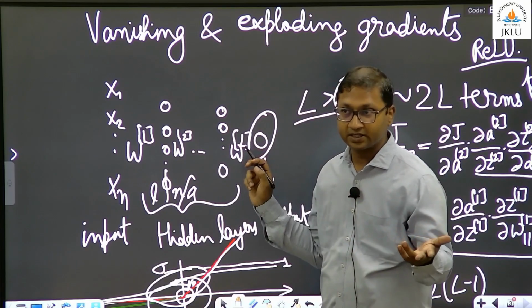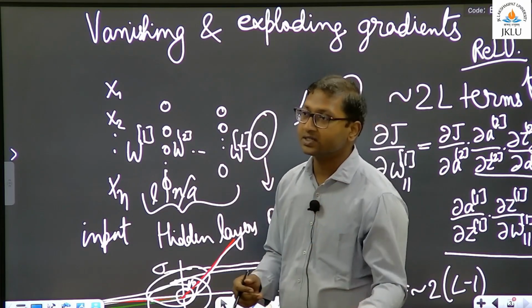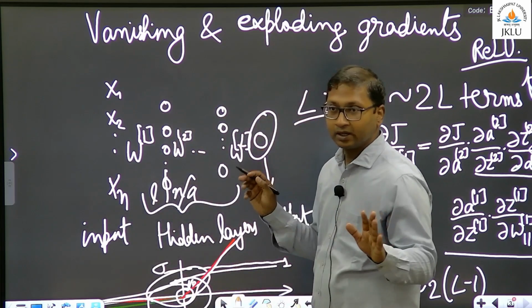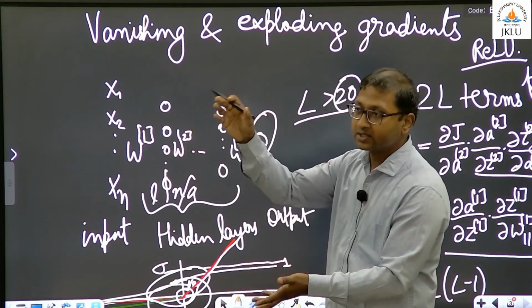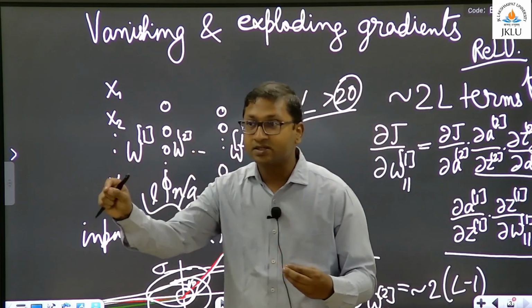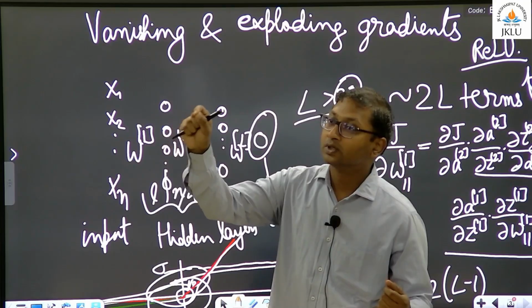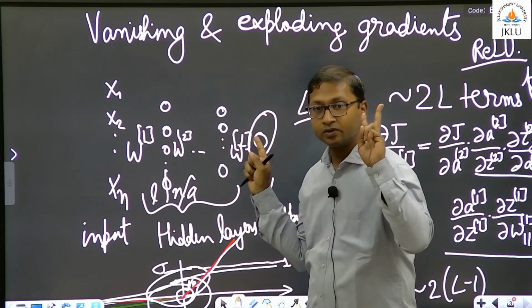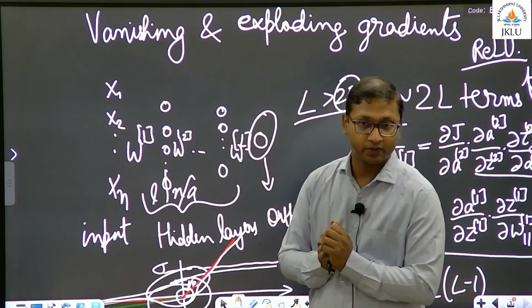So it's a binary classification problem. If you have more than 2 classes, then you will have softmax here. And in fact, sigmoid is just a special case of softmax. So softmax reduces to sigmoid when you have just 2 classes. Okay.